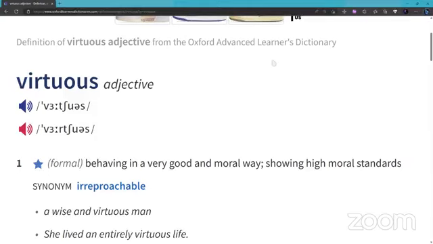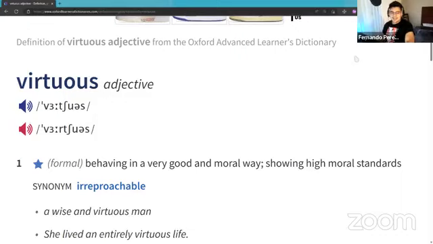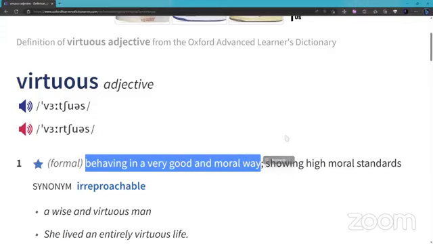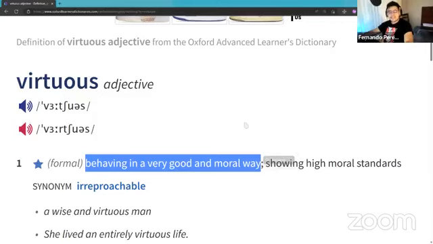Exactly, a person that has good moral standards. Look, behaving in a very good and moral way. Possesses the virtue of moral standards. I like that definition.